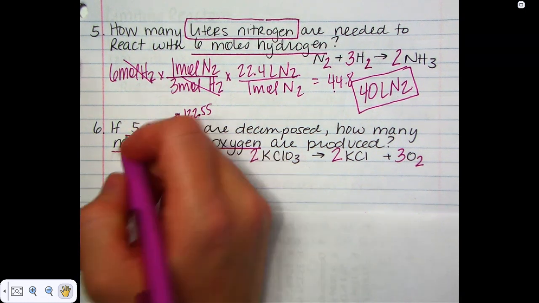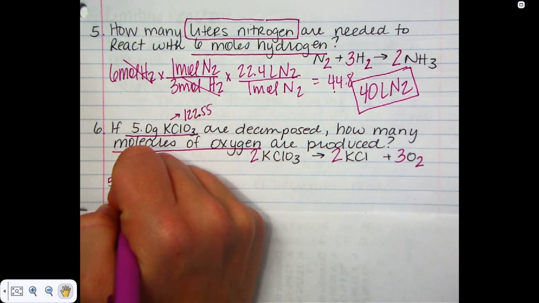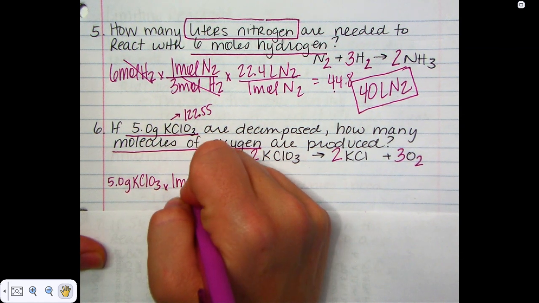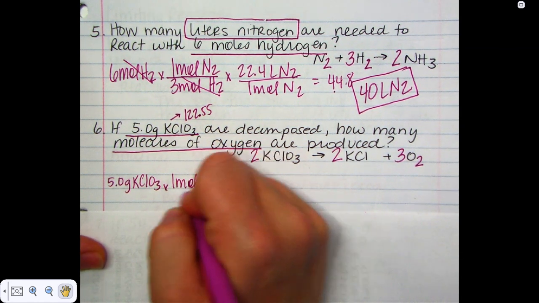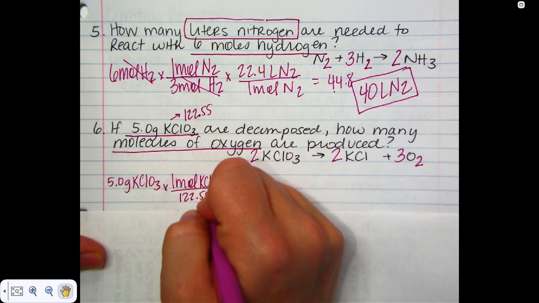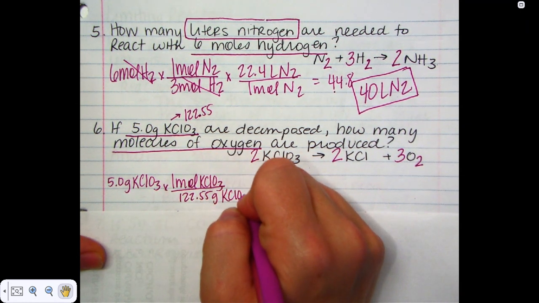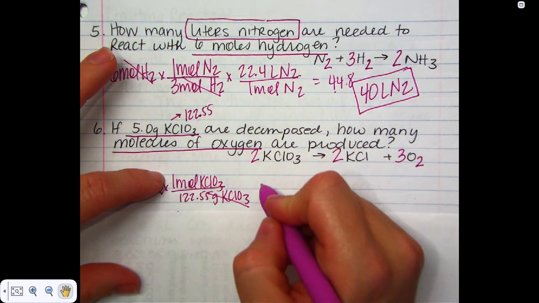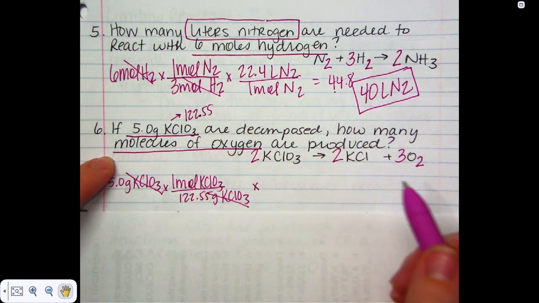So we're going to start setting it up. 5.0 grams KClO3 times 1 mole KClO3 over 122.55 grams KClO3. Grams of KClO3 cancel. Now I'm in moles. Now I'm going to mole bridge to oxygen.